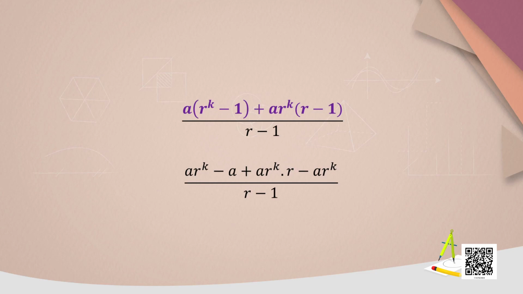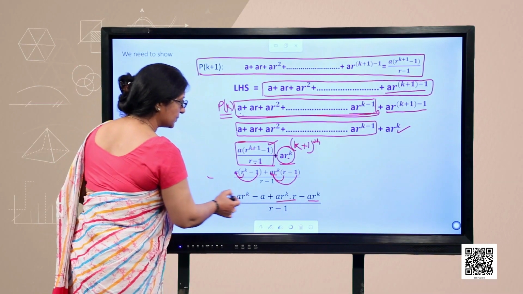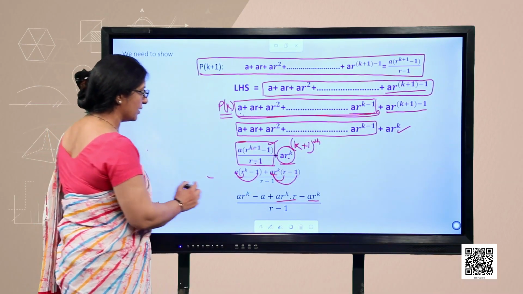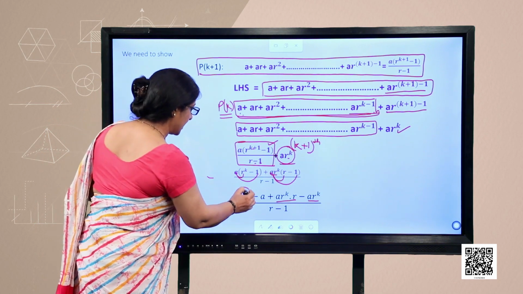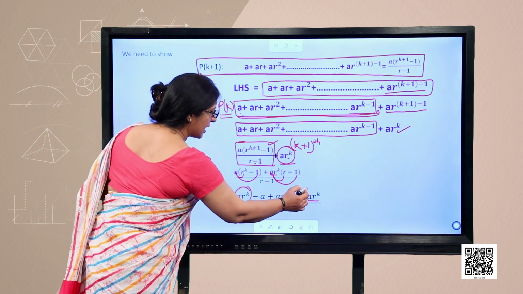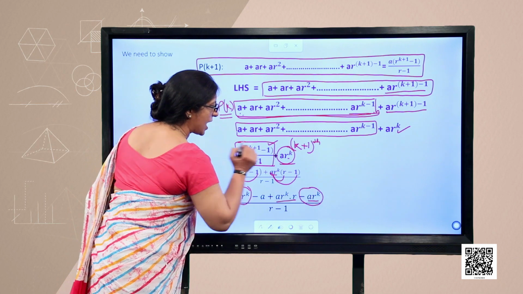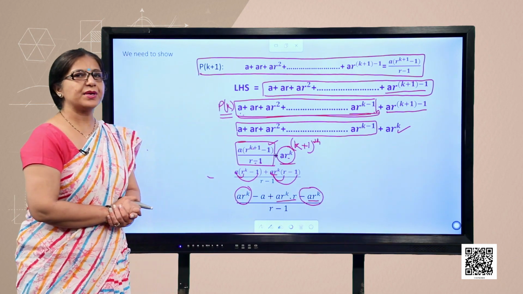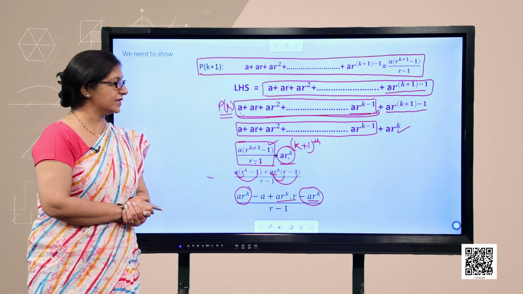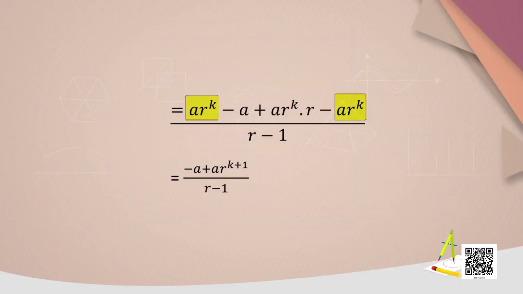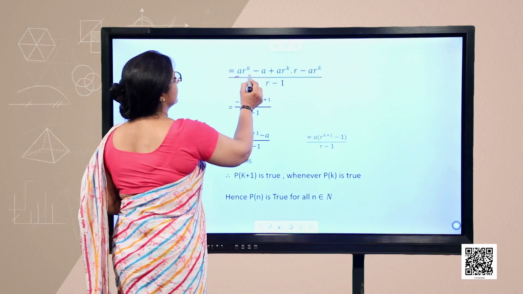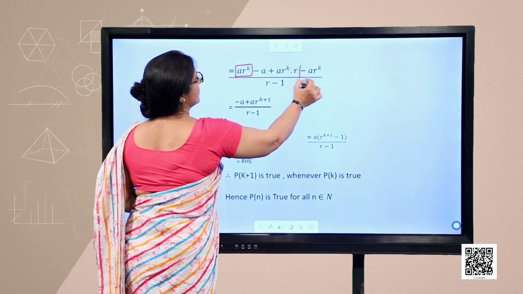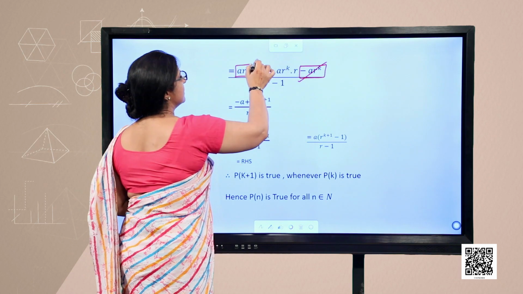Now in these terms you can easily observe that a into r power k and minus a into r power k are being repeated but with the opposite sign. So these two terms can be easily cancelled out. Let us see here, this term and this term both cancelled.